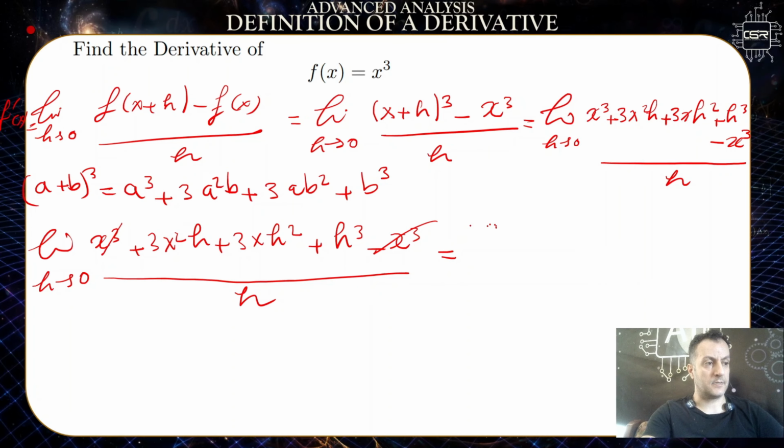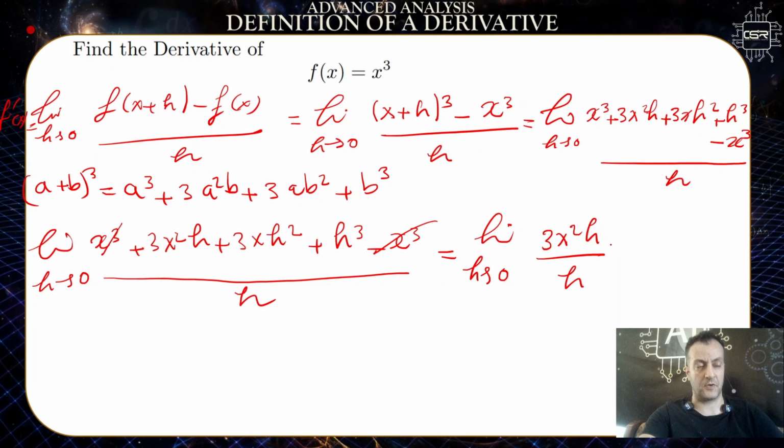We are left with the limit as h approaches 0 of 3x squared h over h. We're gonna divide them, like separate different quotients, plus 3x h squared divided by h plus h3 divided by h.